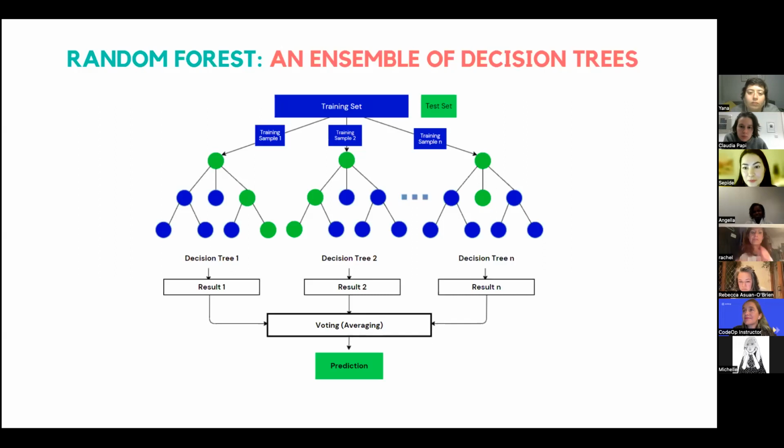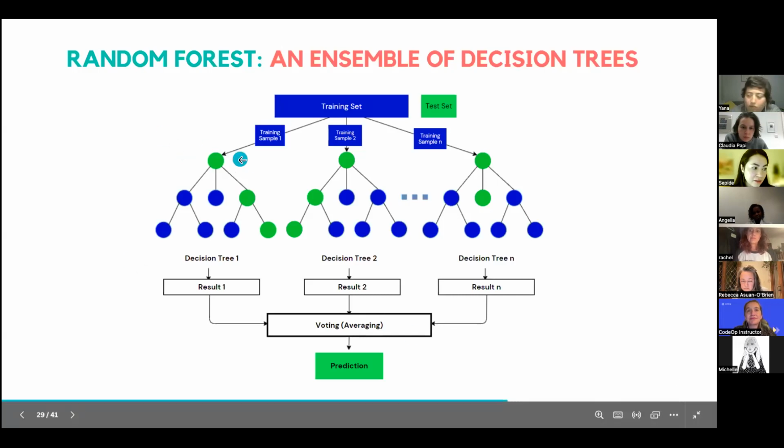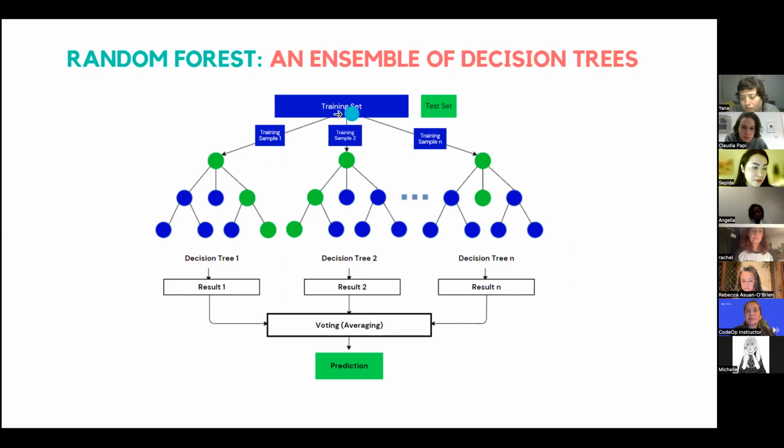Imagine a random forest as a group of individual decision trees, each trained on a random subset of our main data set. So as you can see, we have n number of parallel decision trees.